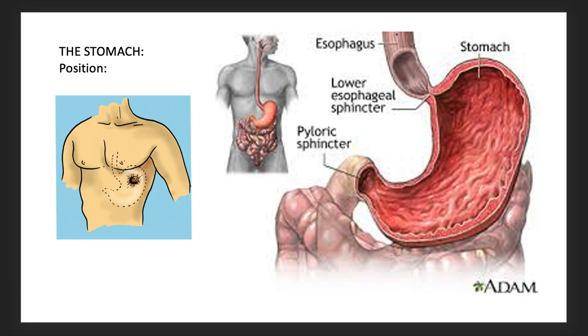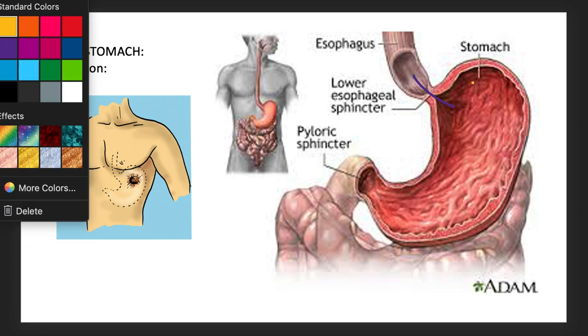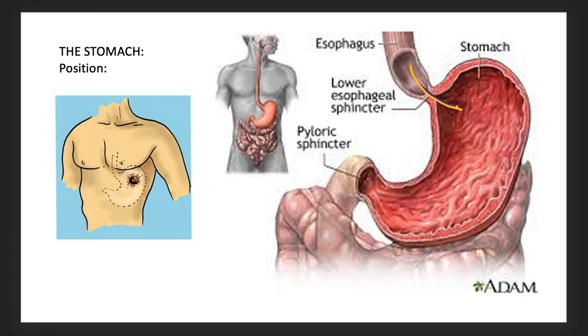So this is the esophagus, and food enters the stomach like this, and this stomach is the widest part of the alimentary canal, which means it is the largest in terms of width. That's one interesting thing about the stomach.